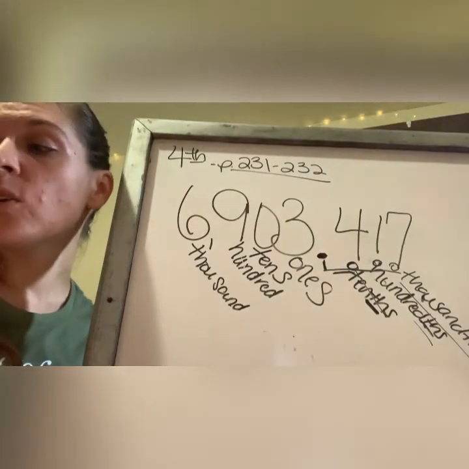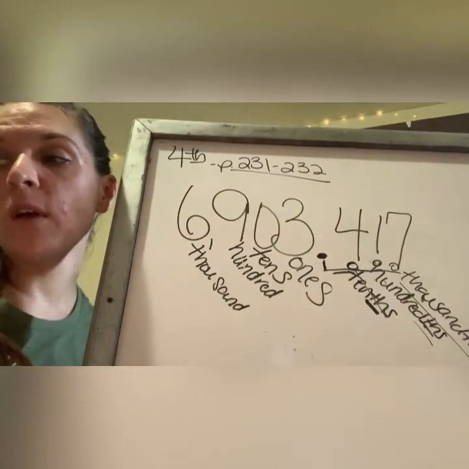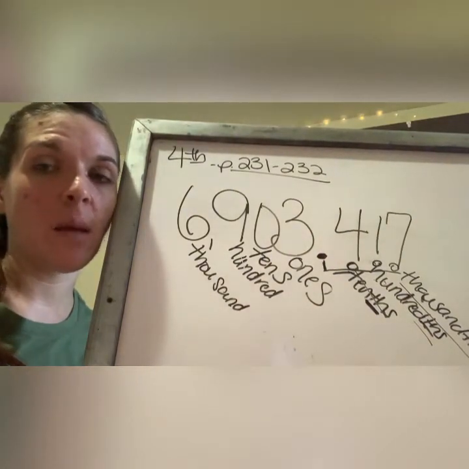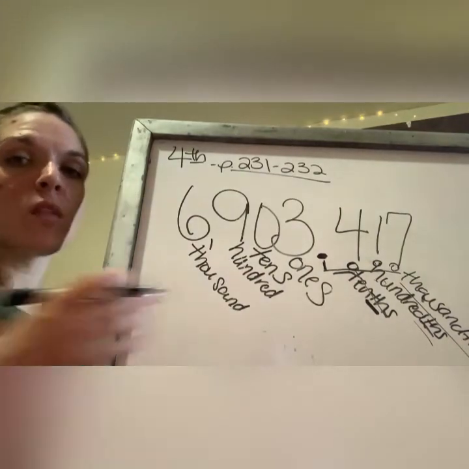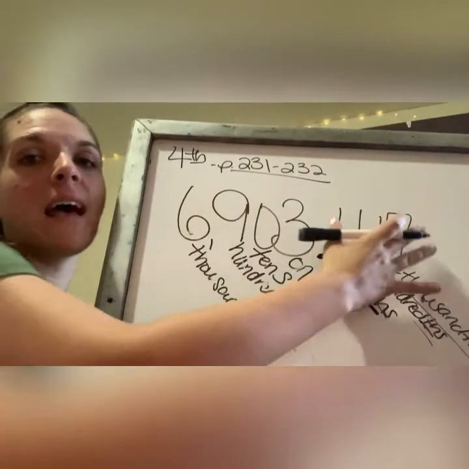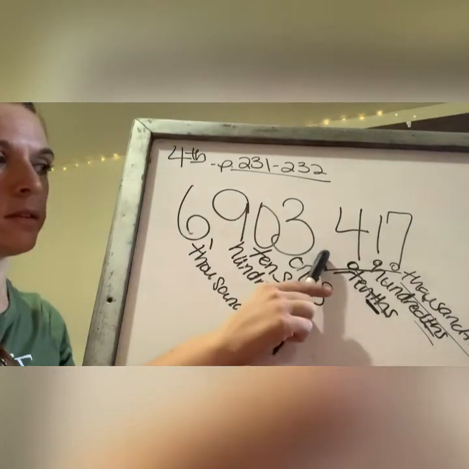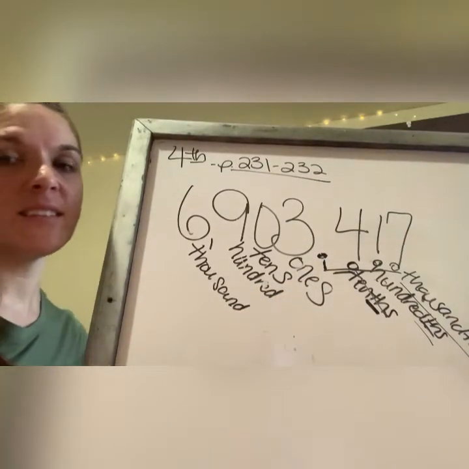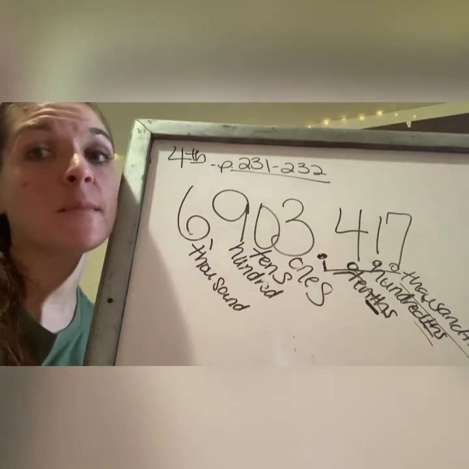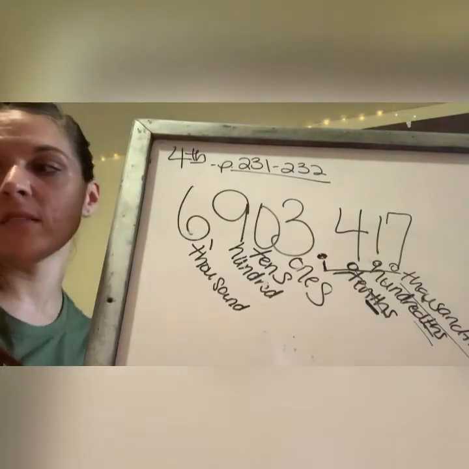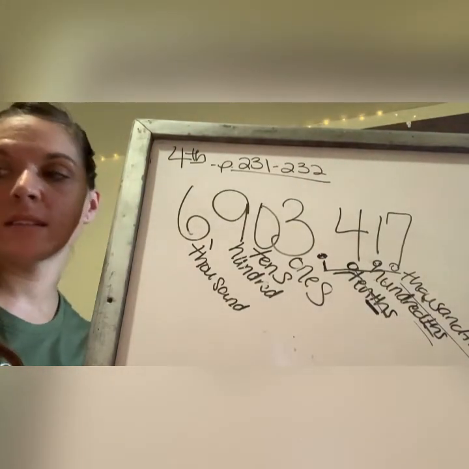Okay, so look at number 1, letter A. What separates the whole number from the decimal number? What do you think that is? I'm going to help you with these. What's this called? What's that called, Selma? Decimal point. That's your answer. Go ahead and write it down. Decimal point.